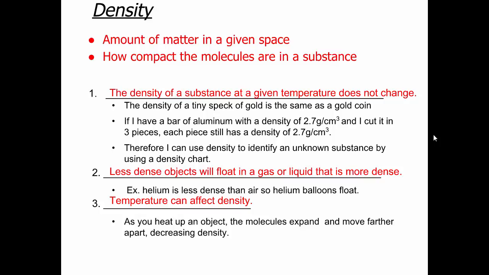Okay, so if you look at that list, osmium is one of the most dense substances on Earth. It has a density of 22.5 grams per cubic centimeter. Okay? Balsa wood is very low density. It has a density of just 0.12 grams per cubic centimeter. And so you can use this chart to help you identify various materials. Okay? Liquids are on the right, and then you have gases below that.